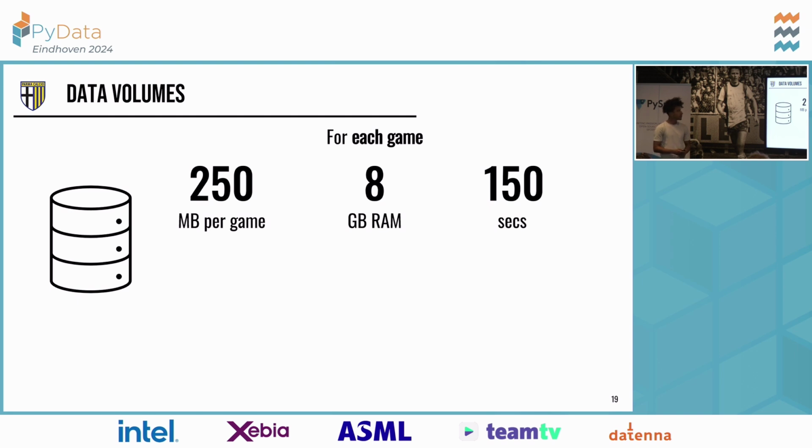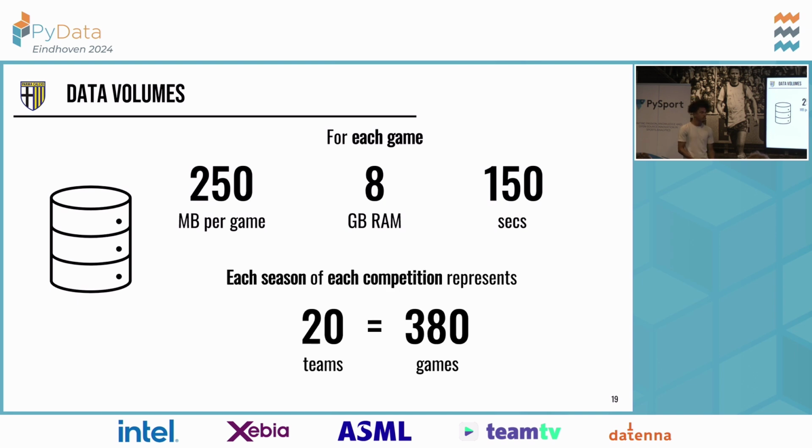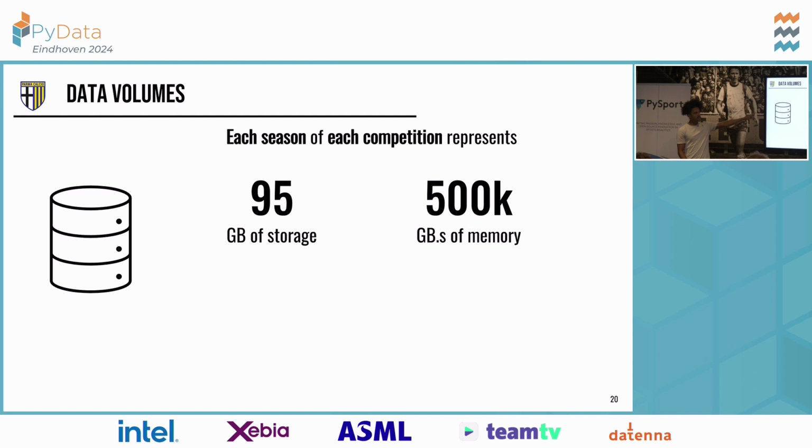In terms of volume, one game is 250 megabytes of tracking data. And to process the game, we need 8 gigabytes of RAM for 150 seconds. Knowing that one season of one competition is 380 games, this leads us to 95 gigabytes of storage.